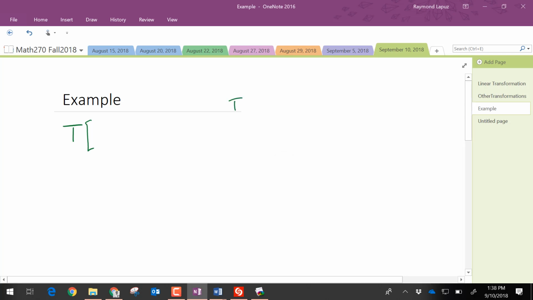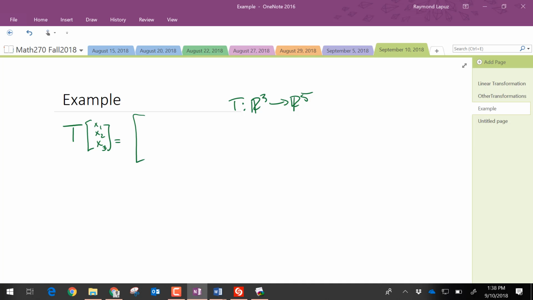And let's say my transformation takes a 3 vector, x1, x2, x3, and then it's going to output a 5 vector that uses x1, x2, x3.